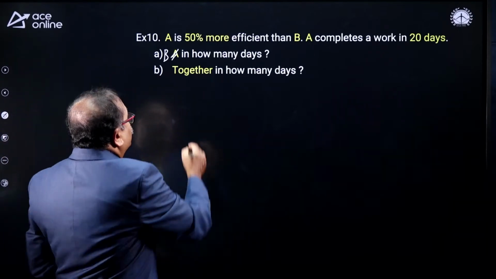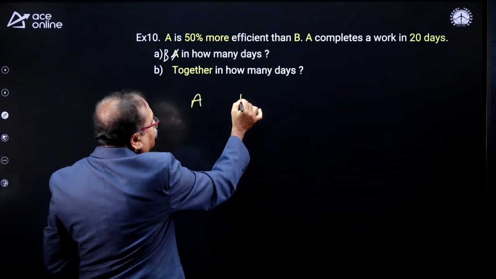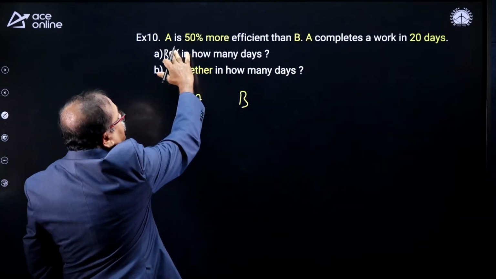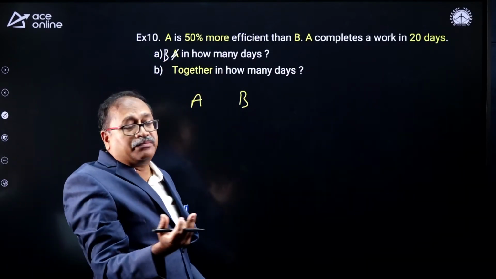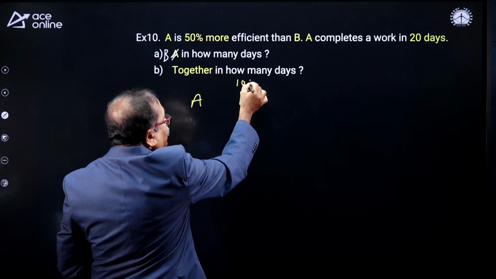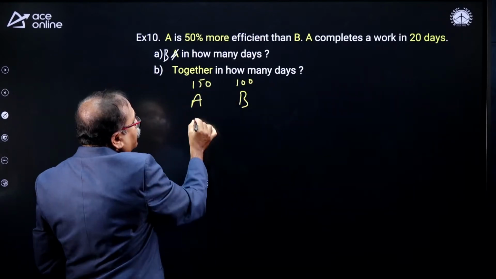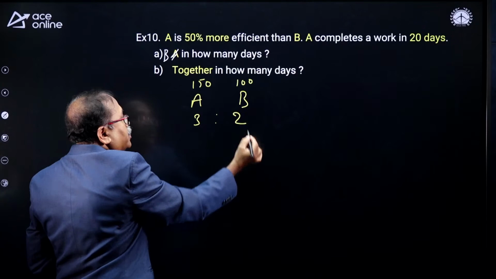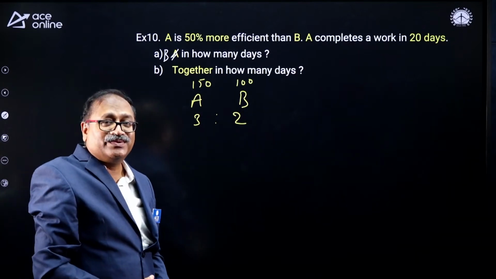Yes, friends. So what I know is, that is A and B. It said that A is 50% more efficient than B. That means if B is 100, A is 150. In other words, the efficiency ratio is 3:2.